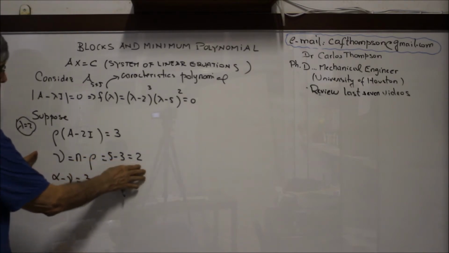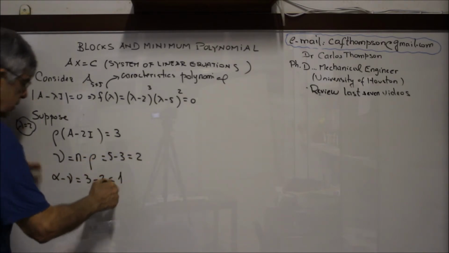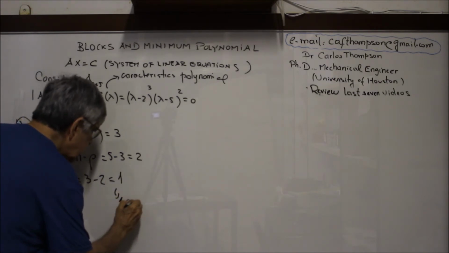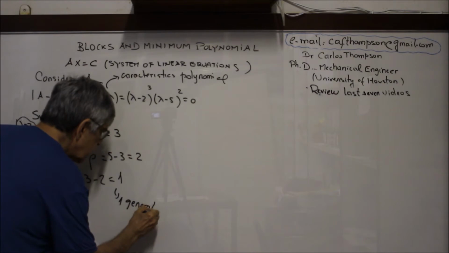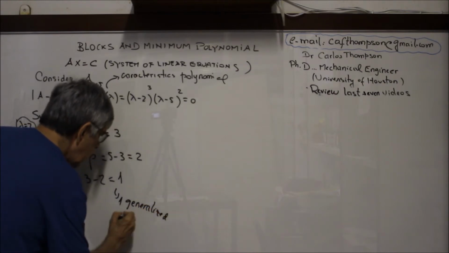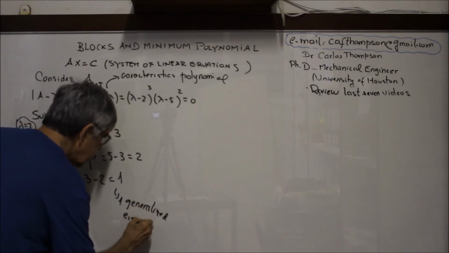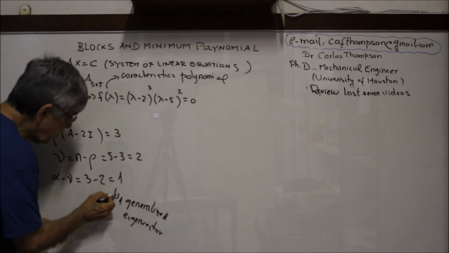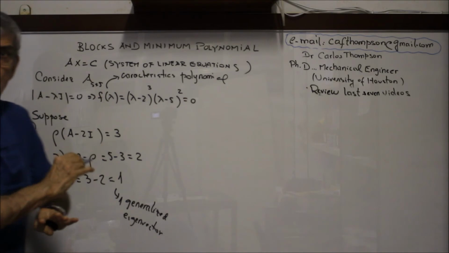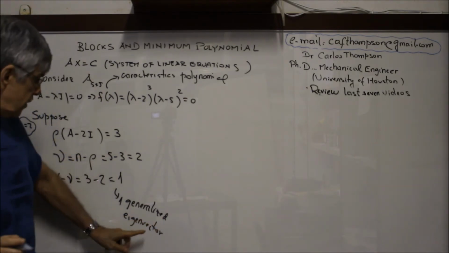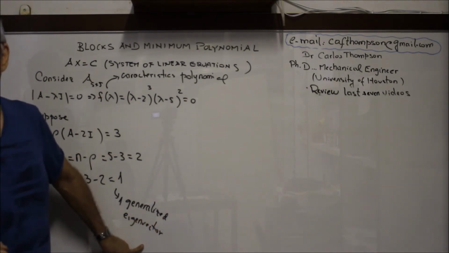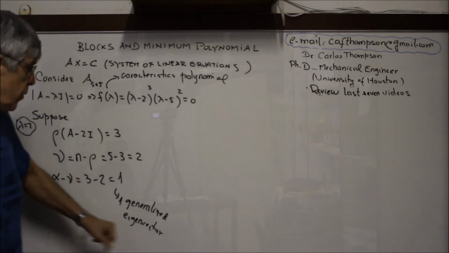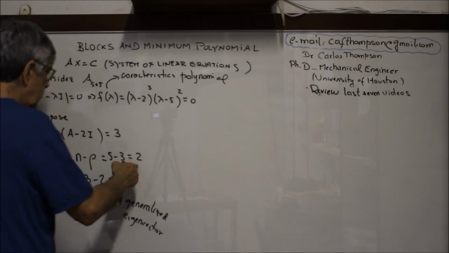What does this mean? This means I have just one generalized eigenvector. For sure, there is no diagonal matrix, because I will set 1 in the super diagonal. Now, what does this mean?